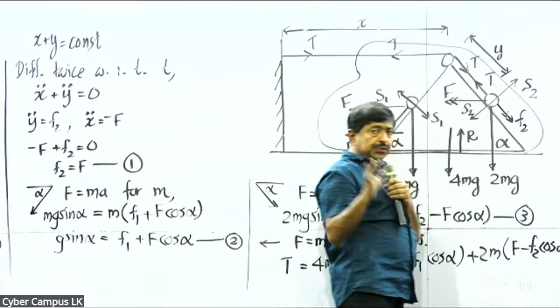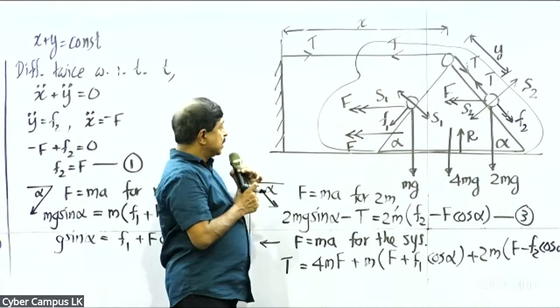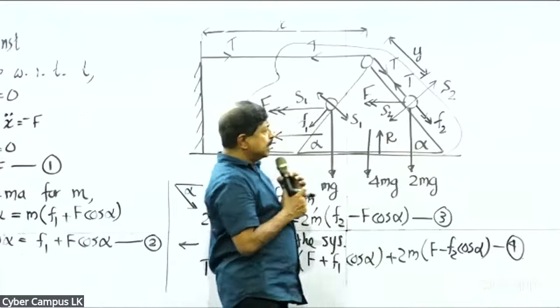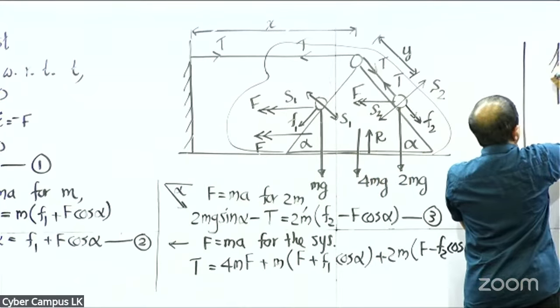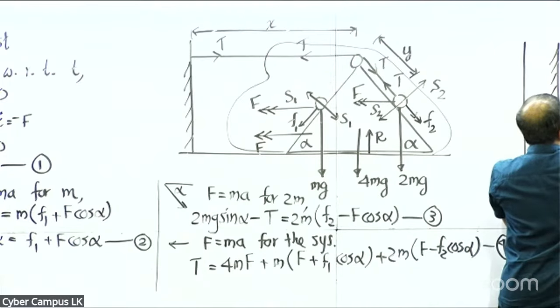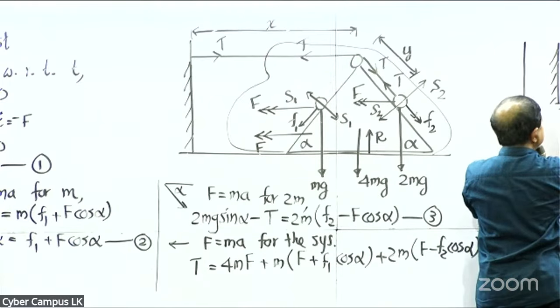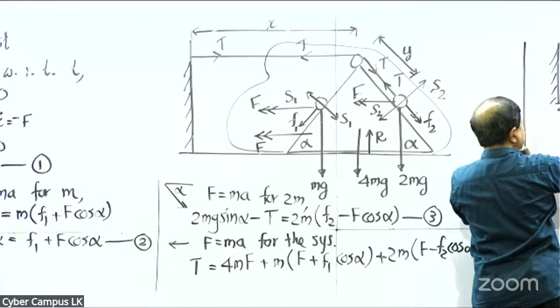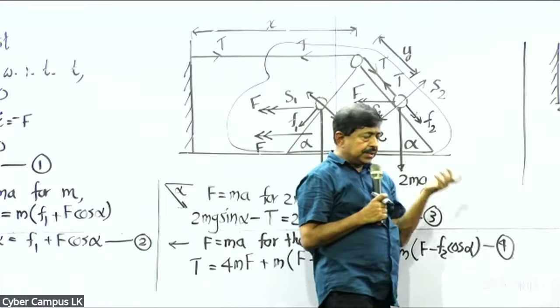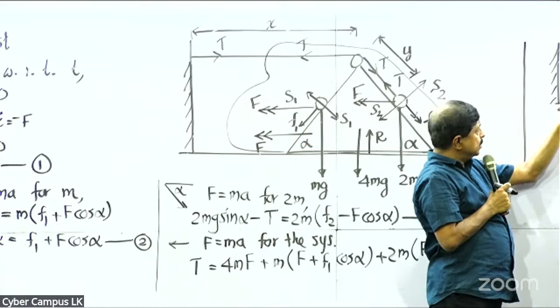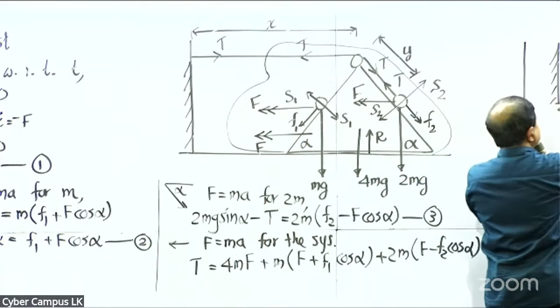Now, using these four, you can find F. Now, you need to find the time taken for the wedge to collide with the wall. So it is like this, and the initial distance is A. So you have the distance, and you have the acceleration of this relative to the earth.